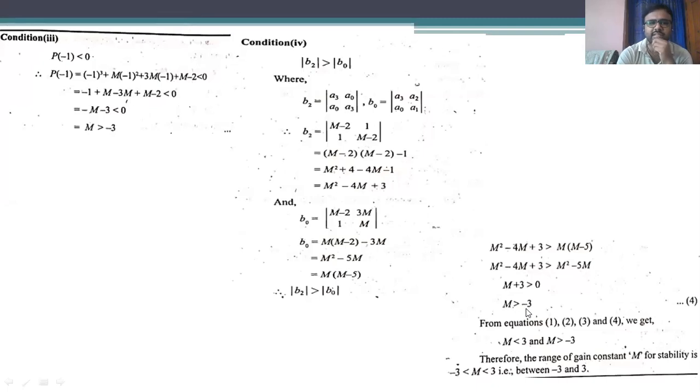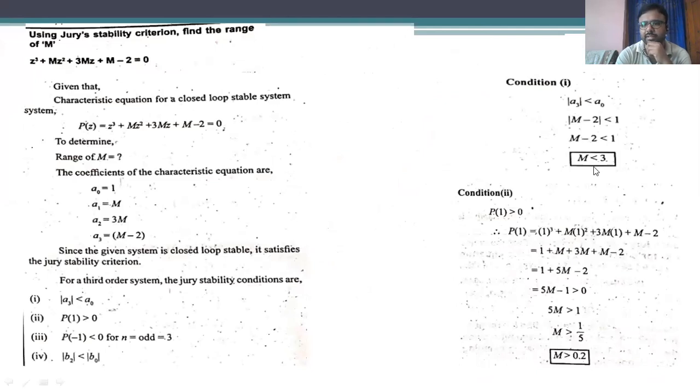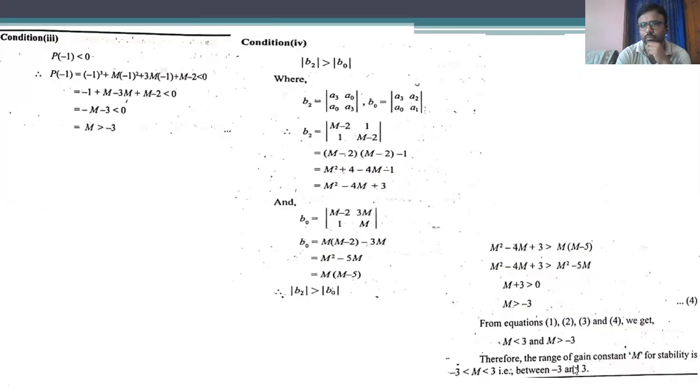So from all these conditions, M should be less than 3, M should be greater than 0.2, and M should be greater than minus 3. So we can say that M should be greater than minus 3 and less than 3.